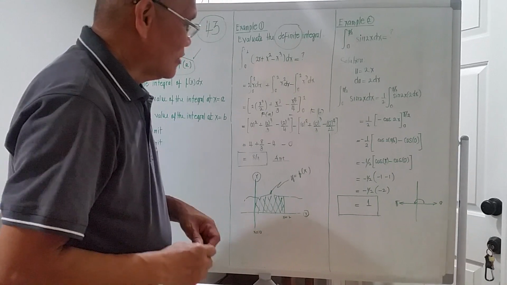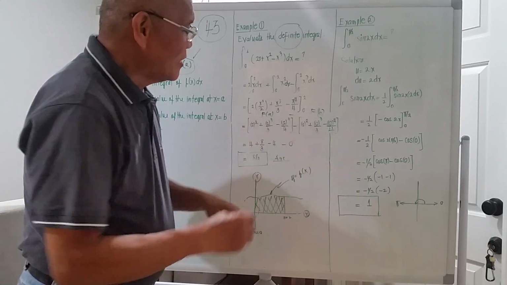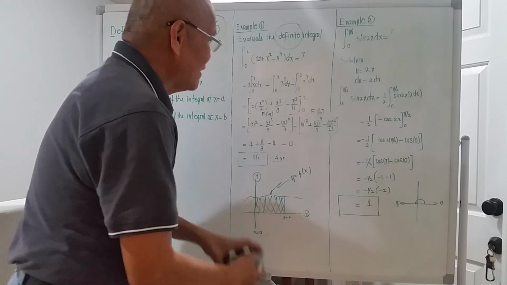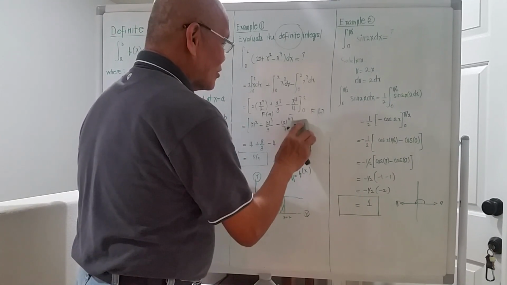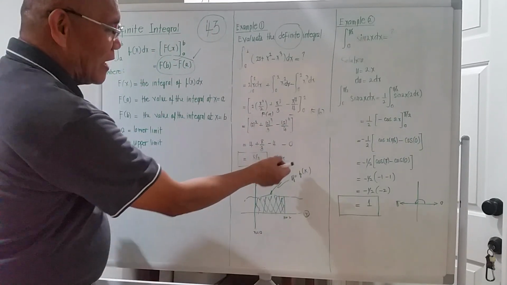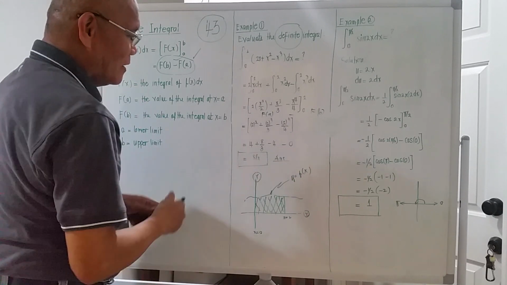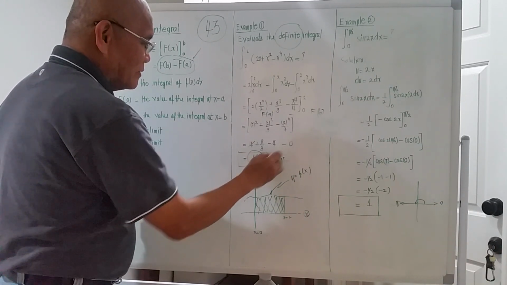It is also 0. 0 plus 0 minus 0. So the second part is all zeros. So this is gone. So what comes out is only this. Implicitly minus 0. This cancels. So the final answer will be 8 thirds.